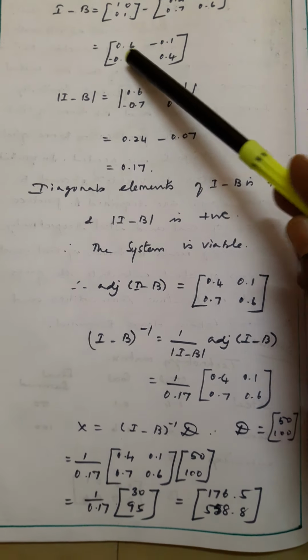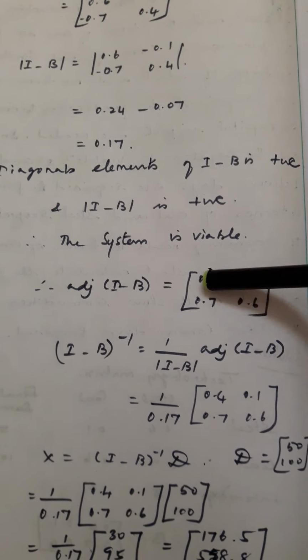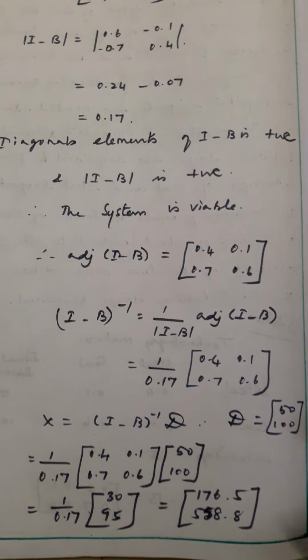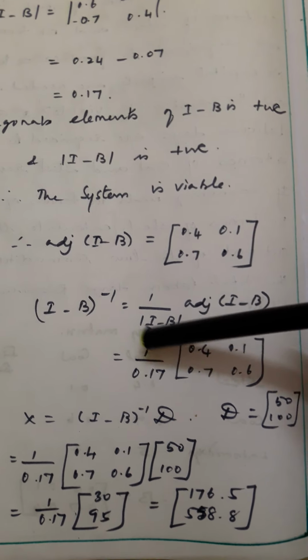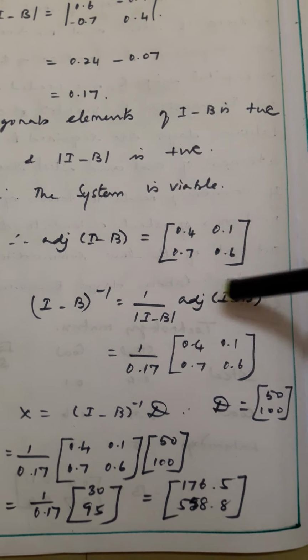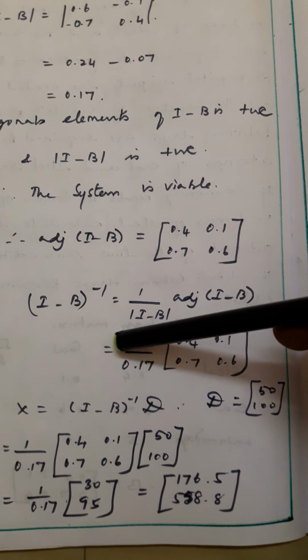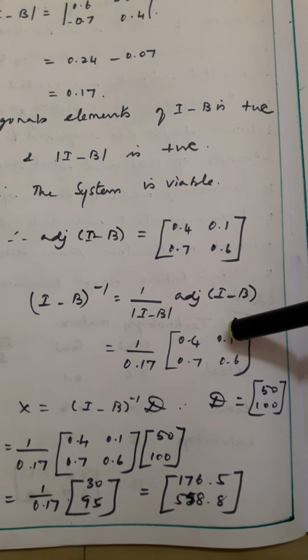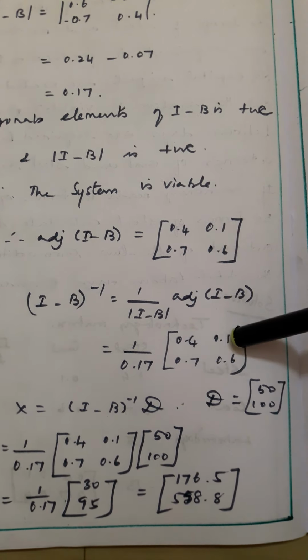For the second question, I need the inverse of I minus B. For the adjoint of I minus B, I am interchanging these two values and changing the sign. So you will get 0.4, 0.1, 0.7 and 0.6. So I minus B inverse is 1 by determinant of I minus B into adjoint of I minus B. That is equal to 1 by 0.17 into 0.4, 0.1, 0.7 and 0.6.